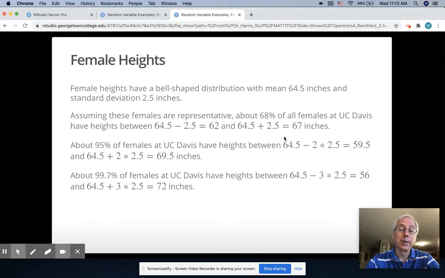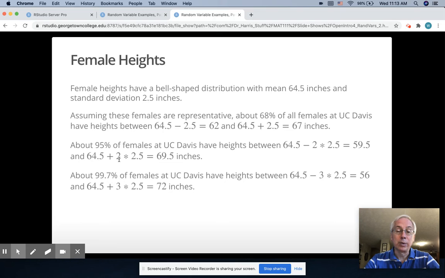The other 2 statements deal with adding or subtracting 2 standard deviations, or adding and subtracting 3 standard deviations. So if I want to find out what the 95% part is, I'm going to take 2 standard deviations. 2 times 2.5 is 5. So I'll subtract 5 from 64.5, and I'll add 5 to 64.5, and I'll see that about 95% of all females at this university should have heights between 59.5 and 69.5 inches. And then we do the analogous thing for 99.7.